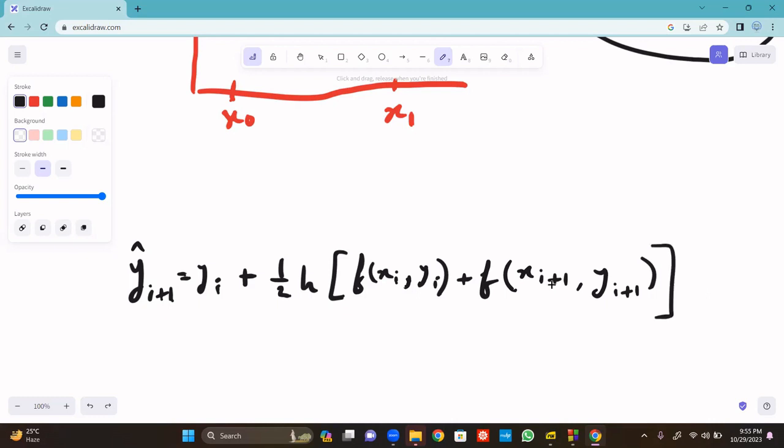And the example of the drawing suggests that this should give a better approximation.